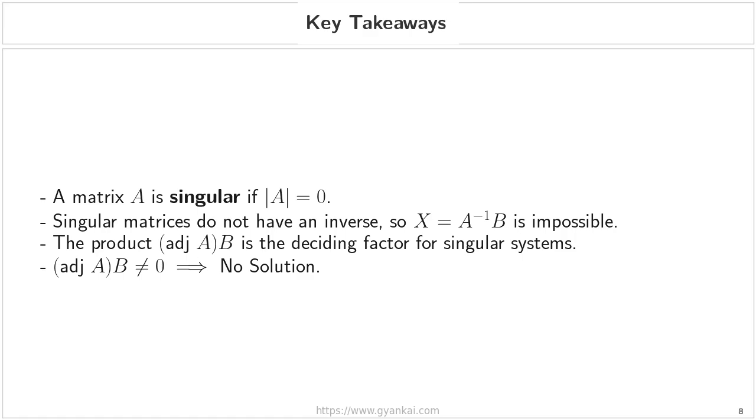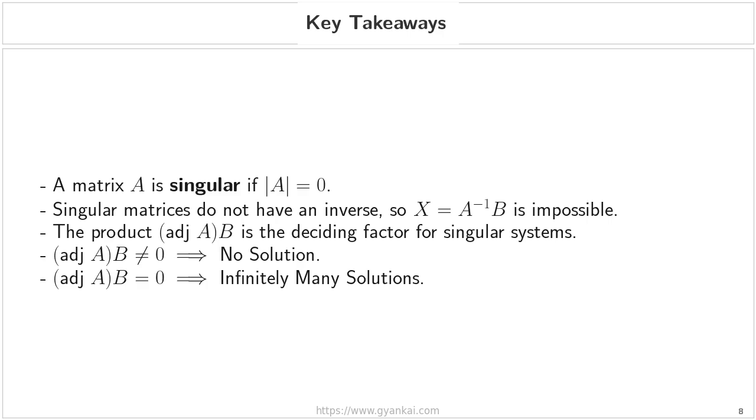If the product of the adjoint of A and B results in any non-zero value, then the system is inconsistent, meaning there is no solution. However, if that same product results in a 0 matrix, where every single element is 0, then the system is consistent and possesses infinitely many solutions. Now, before we finish, I want to highlight a few common pitfalls to avoid during your exams, which we will look at on the final slide.